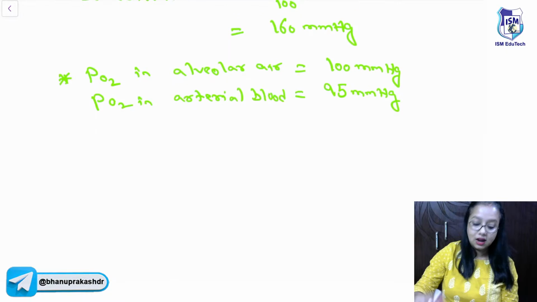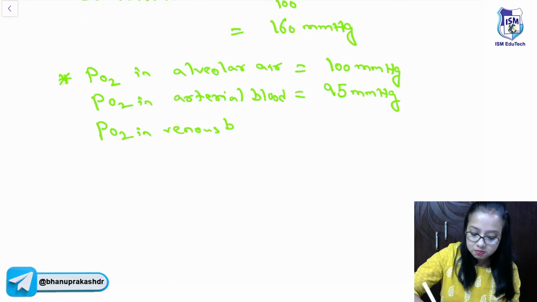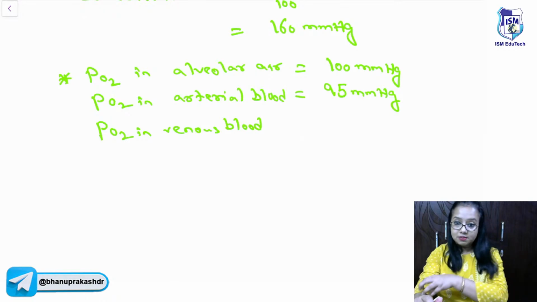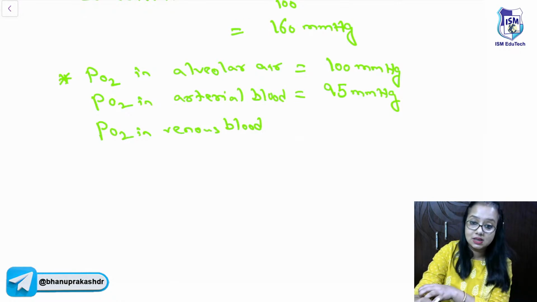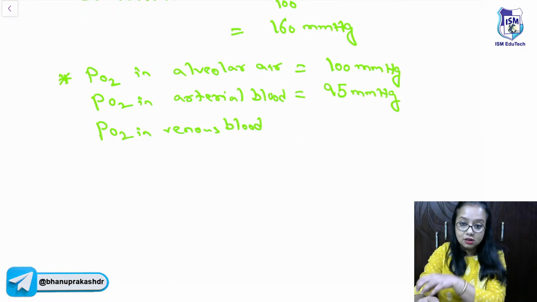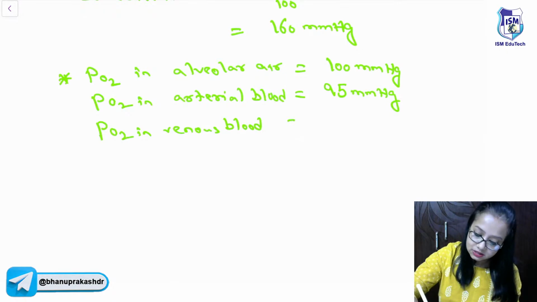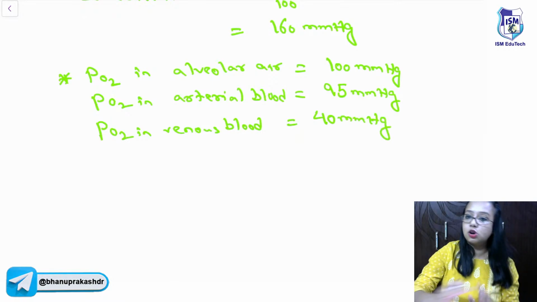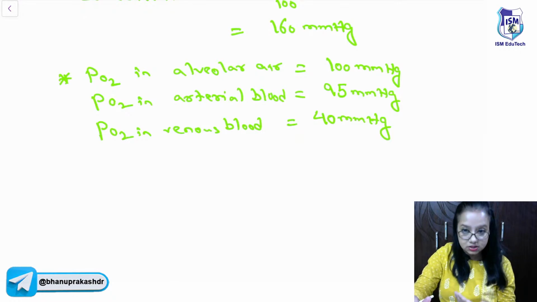And the partial pressure of oxygen in venous blood, the blood coming back through the veins from the tissues after cellular respiration has taken place, is about 40 mmHg. Naturally, because a lot of oxygen gets used in cellular metabolism, right?